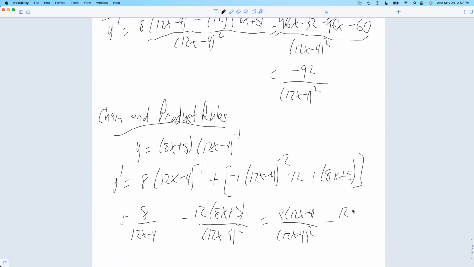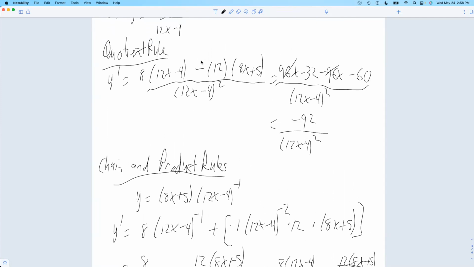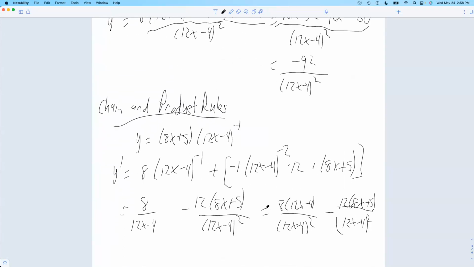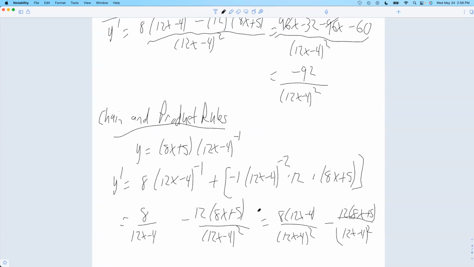And then I could combine like terms. And you should be able to see now that that's exactly what we had here. So is it really better to do it this way? Maybe not in this problem. Maybe so. It depends on how clean you want it.